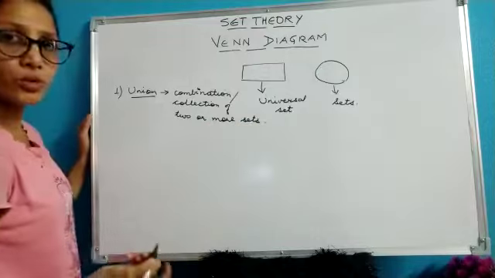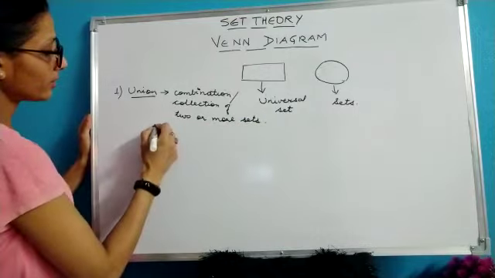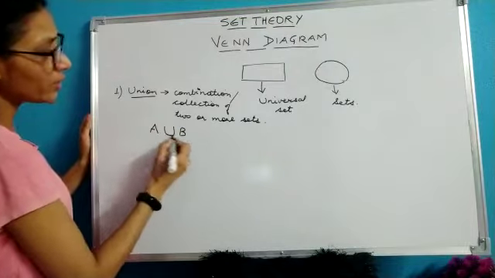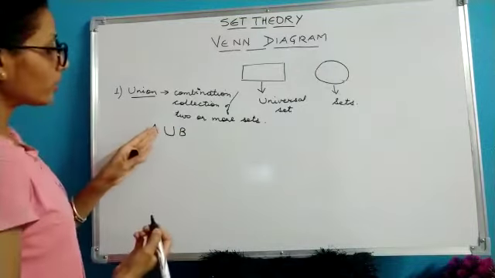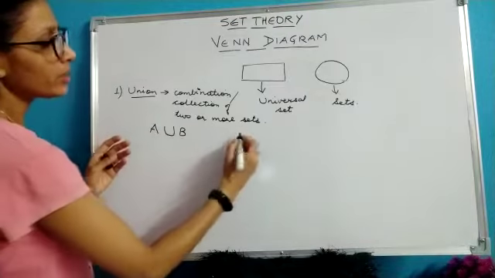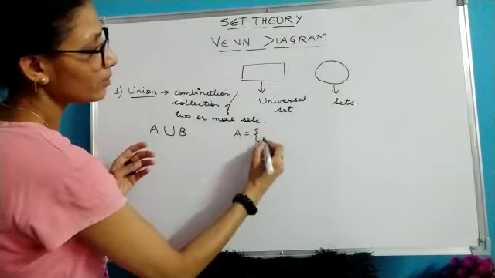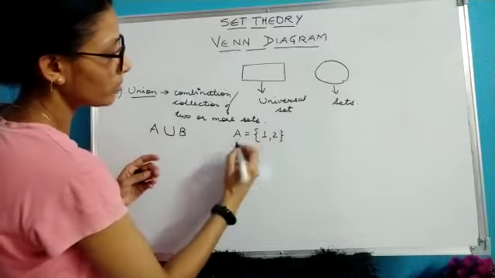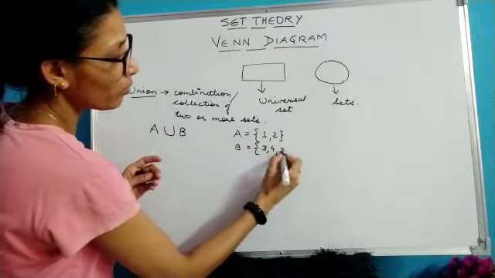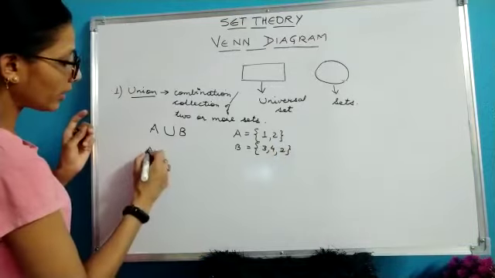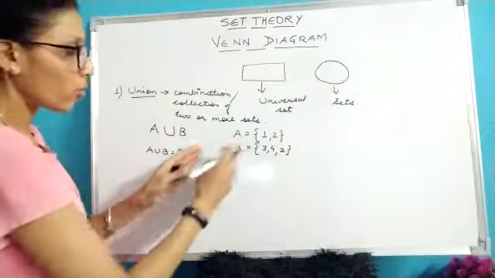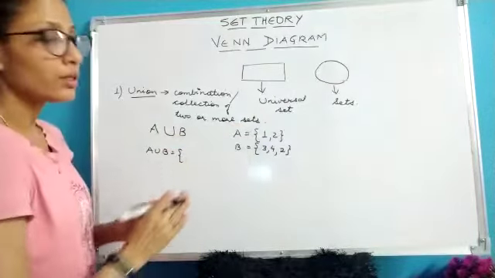And it is denoted by the union symbol. So this is A union B. That means you are collecting the elements of A and B. Say, if I have elements of A as 1, 2 and B as 3, 4, 2, then your A union B will be, you have to collect all the elements of both the sets.